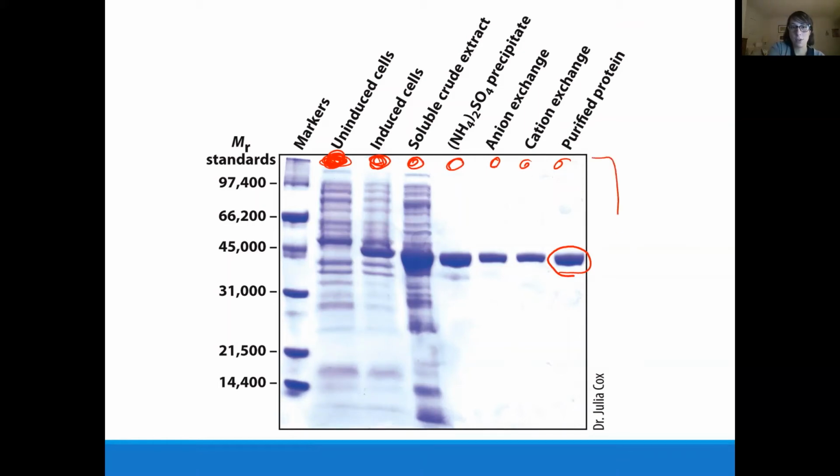And you can tell using gel electrophoresis that they, in fact, did separate one particular protein. You can also tell what the molecular weight of this particular protein is.